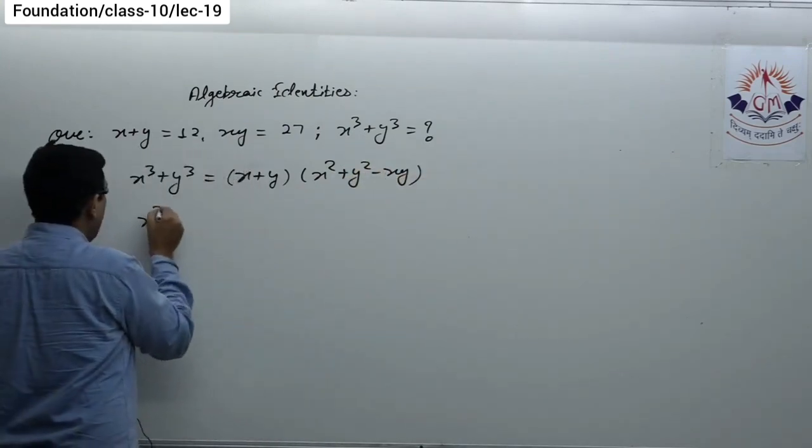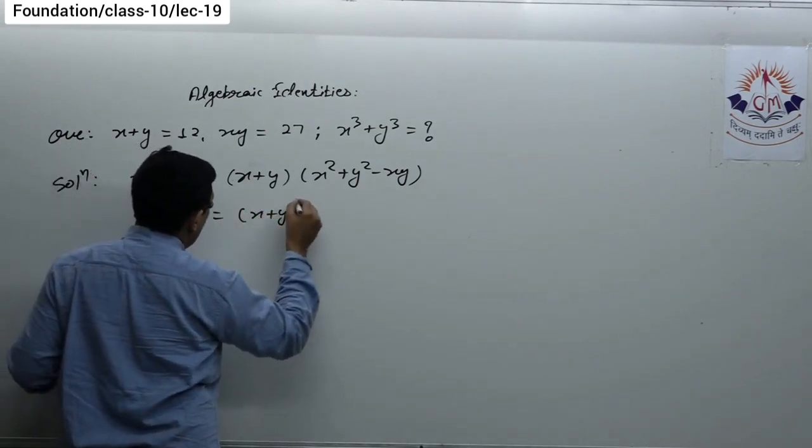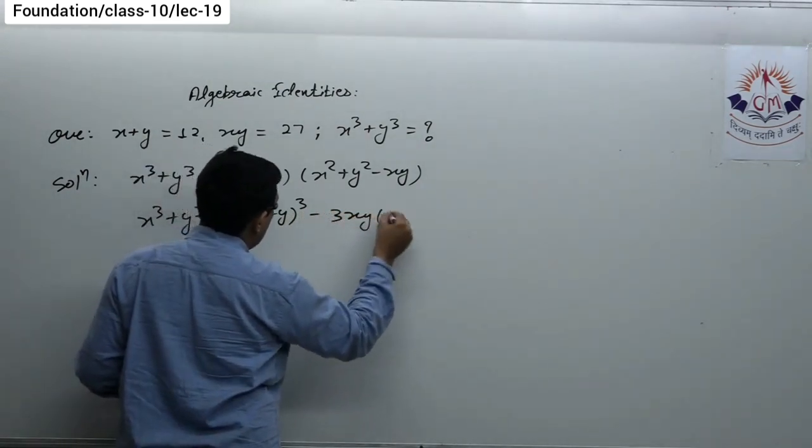And the second identity of a cube plus b cube is a plus b whole cube minus 3ab into a plus b.